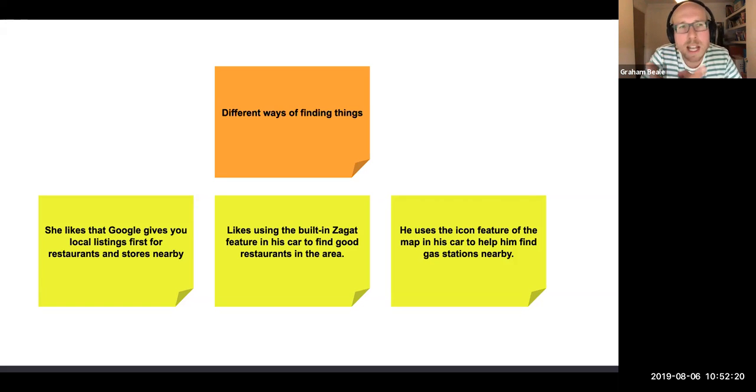If you were to label it under that title, different ways of finding things, that can help you. That may not help you to understand what it is that you're going to take forward into the prototyping phases, and understand how you're going to tackle that problem or that issue.